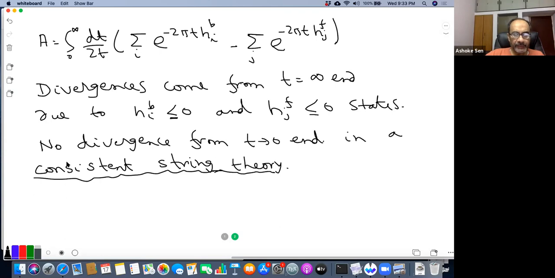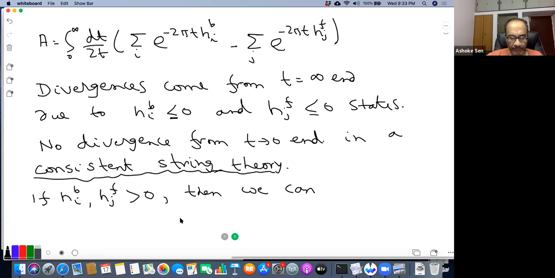So if we look at this integral, if HIB and HJF are positive, then we can actually do this integral analytically, and A is given by half log of the product over J of HJF divided by the product over I of HIB.